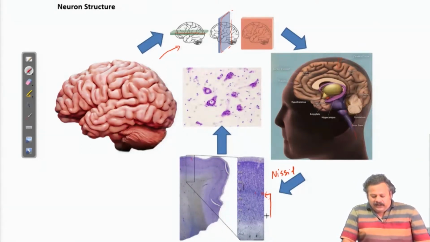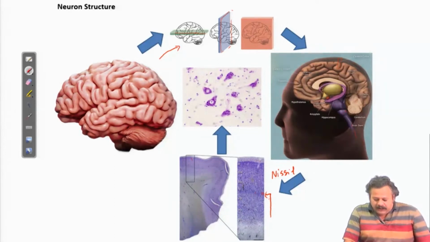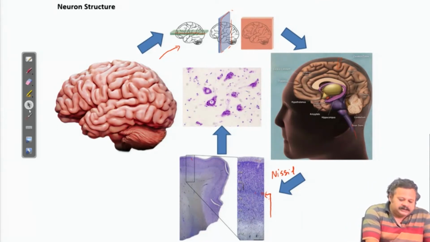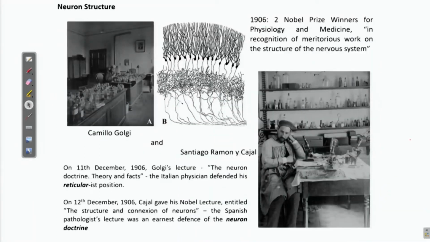So now if we look into one particular neuron from here, we will see a variety of morphologies.